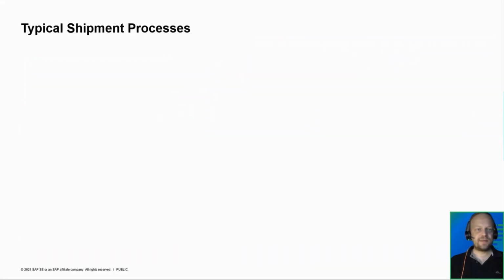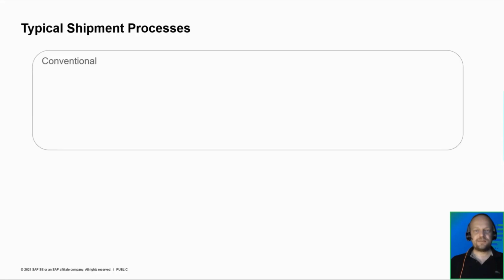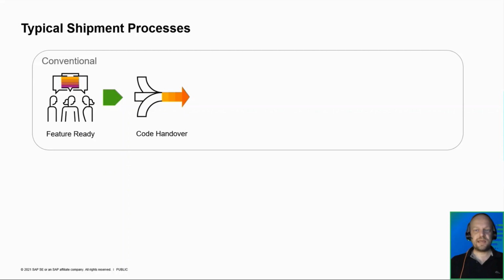To highlight that a bit, let's have a look at the typical shipment process in a scenario where multiple teams work together on a bigger front-end application. So in a conventional setup, after a development team has finished a feature, it usually has to bring it into the main application, either by merging it to some sort of main branch or distribute it as a package, which then has to be included in the main code base.